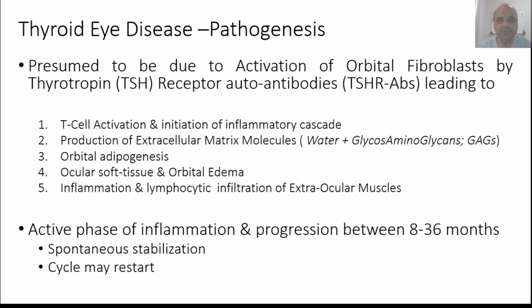Depending upon how severe the disease was, the patient might end up just as he started off, with no real morbidity, or he could even end up losing his vision, just in one cycle. But the thing is that although not very common, this cycle may restart later on. So if a patient has one cycle and comes out of it without any morbidity, it does not mean that's the end of the disease. Might end up in another cycle.